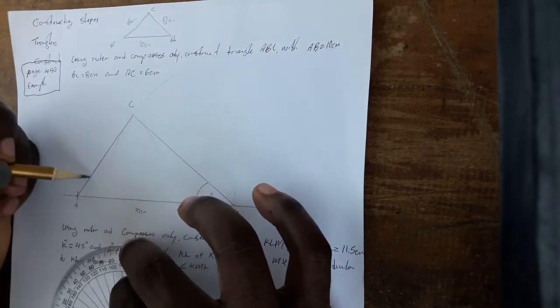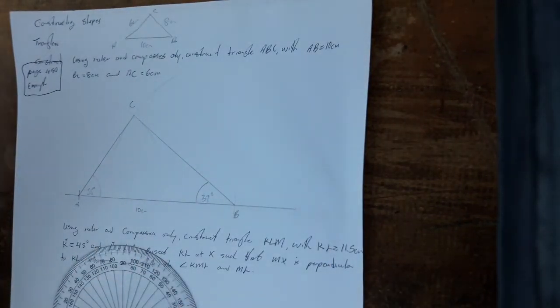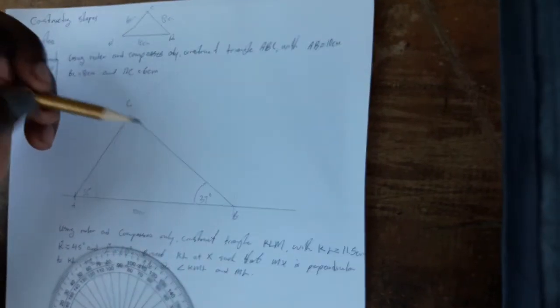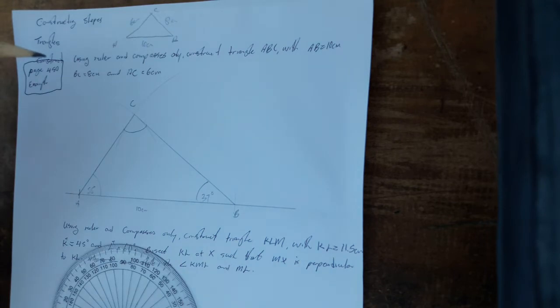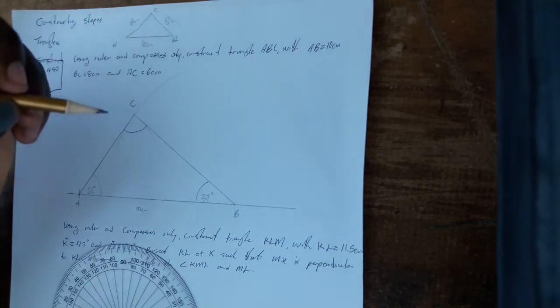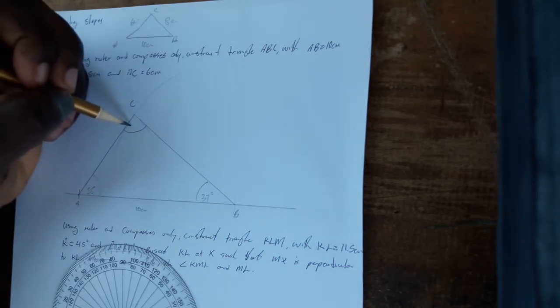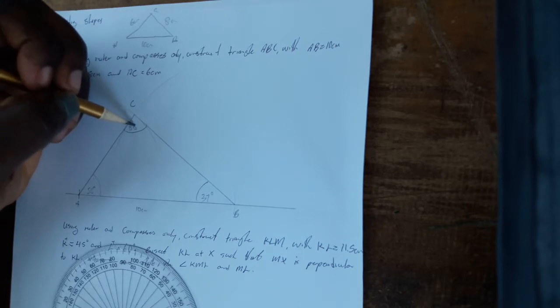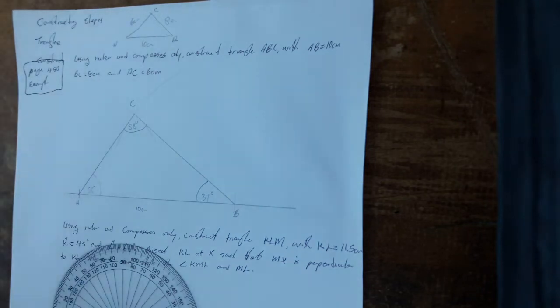It's 55 degrees. Now, since the angles in a triangle add up to 180, we don't need to measure this one, we know what it is. We add these two, 85 plus 37 is 92, minus 180, which will give us 88. Right, 88 degrees. That's that.